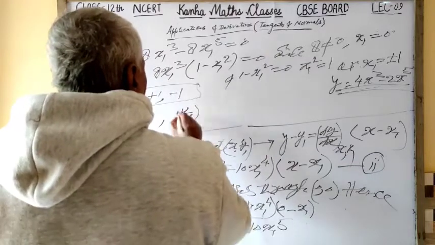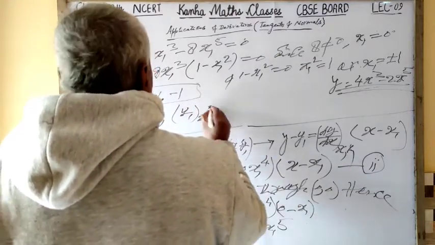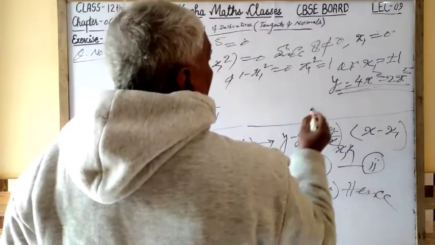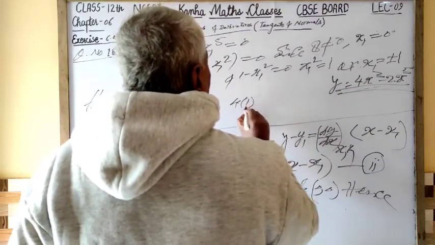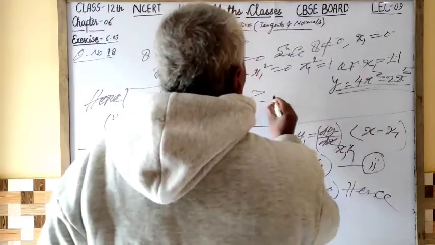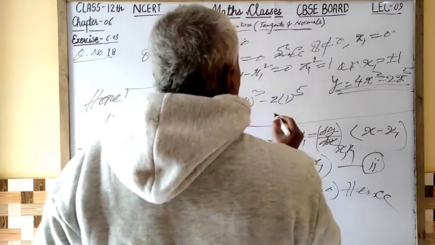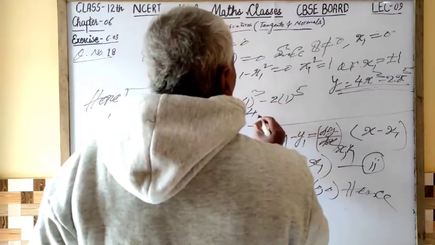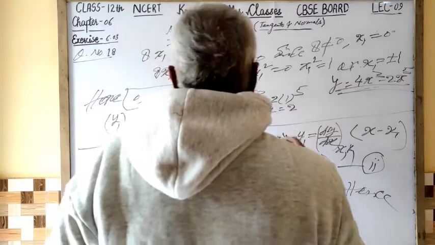And y1 at the point x is equal to 1 will be equal to 4 into 1 cube minus 2 into 1 to the power 5, that is 4 minus 2, that is 2.